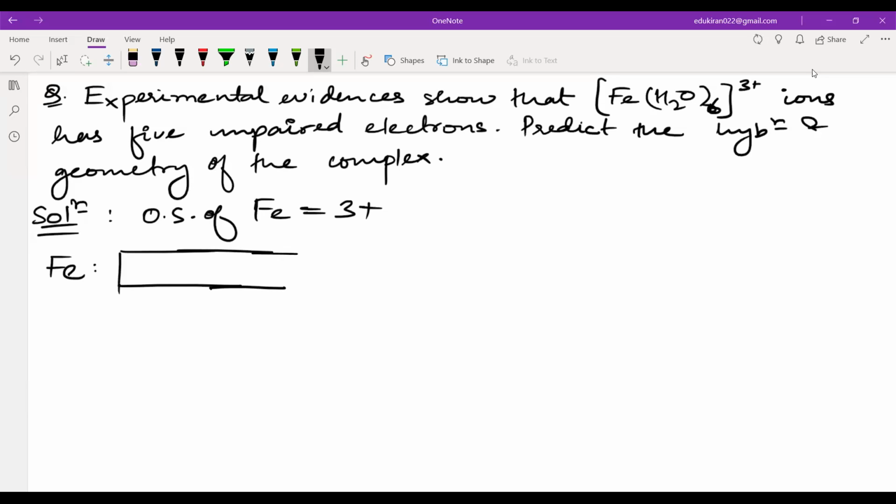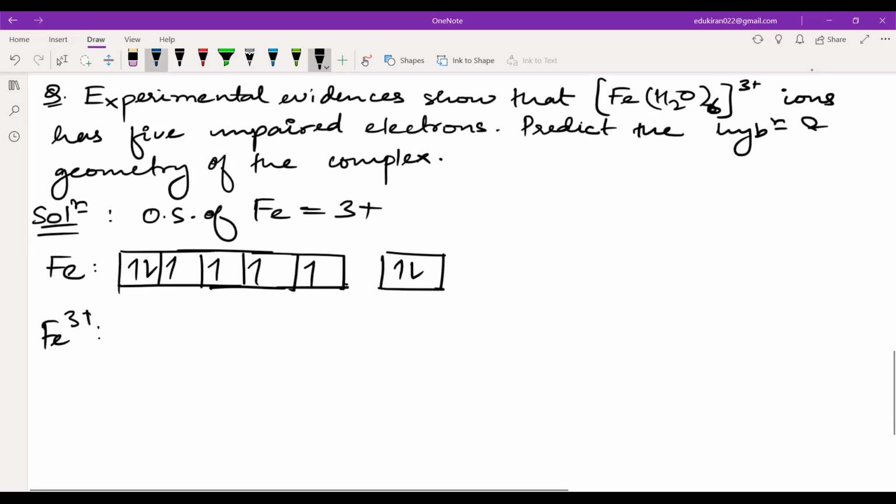I'm just making the orbital diagram. I hope you have written the electronic configuration correctly. There will be 2 electrons in 4s, and 6 electrons in the 3d. Then if you have Fe3+, everything will be the same except the electrons will be gone.